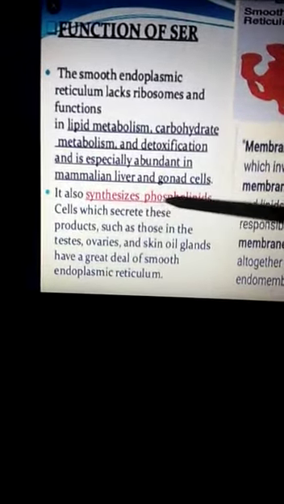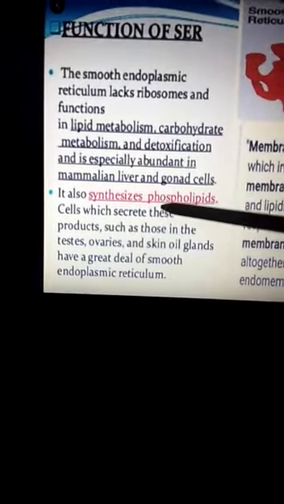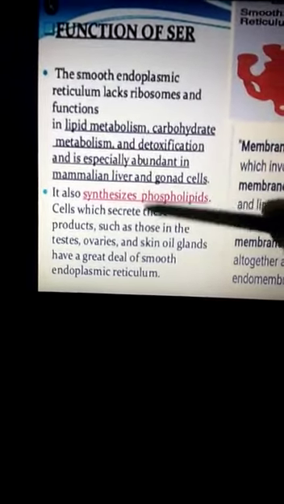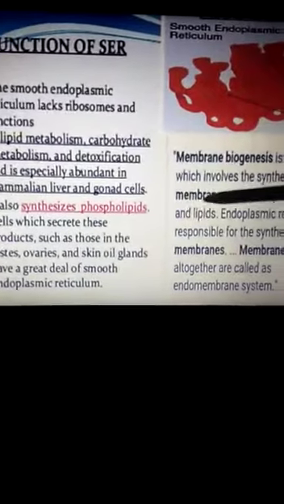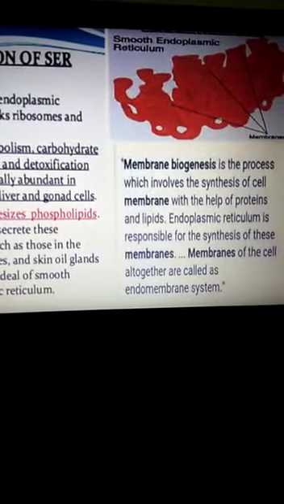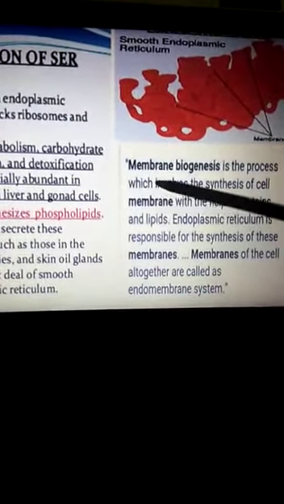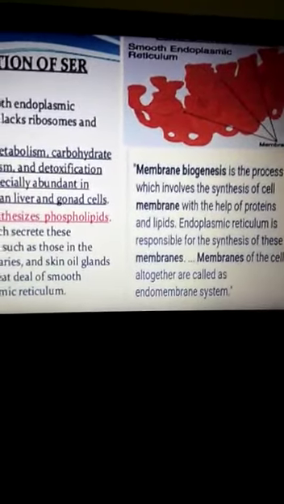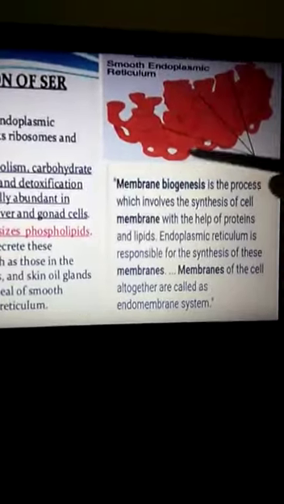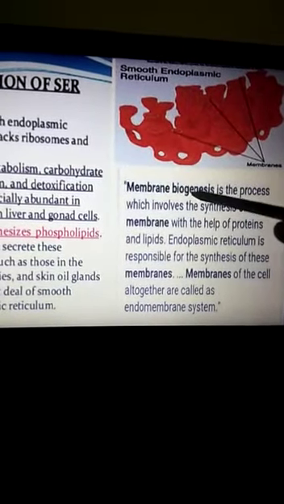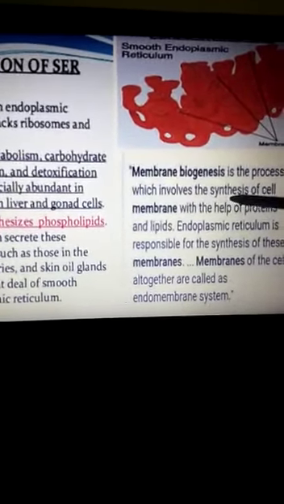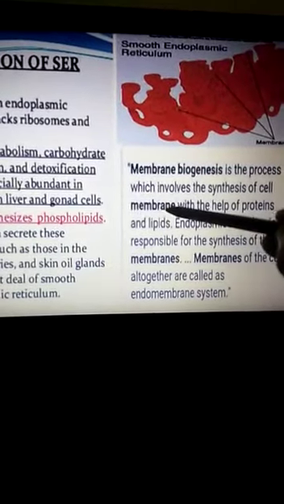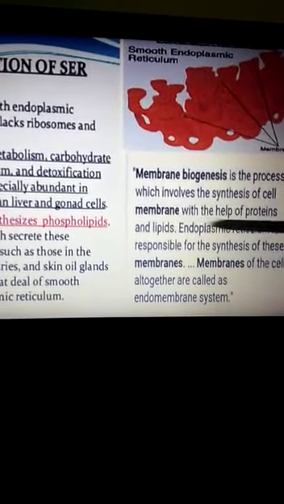It also synthesizes phospholipids, and that is why, because of the presence of the lipids, it is very helpful in the production of membrane, and this process is known as membrane biogenesis. This means the smooth endoplasmic reticulum is involved in a process of membrane biogenesis, which is involved in the synthesis of all kinds of cell membrane with the help of proteins and lipids.